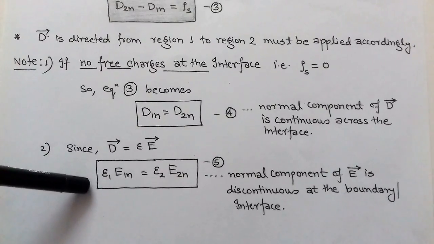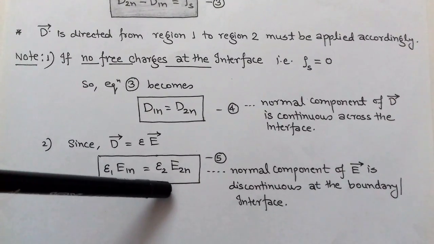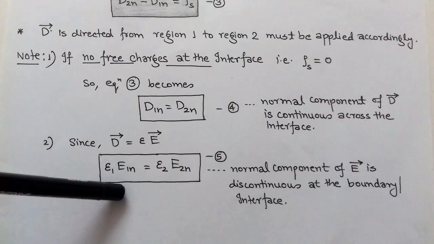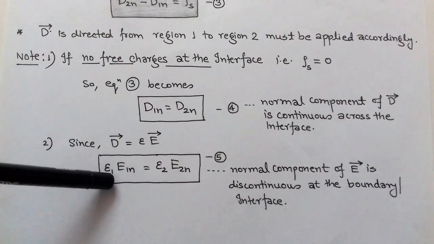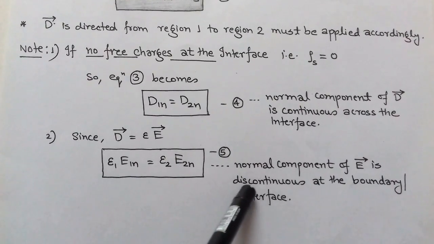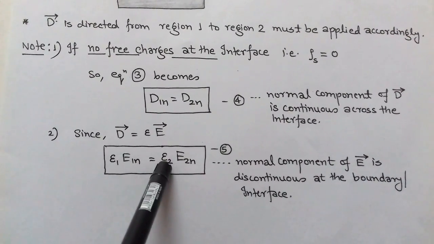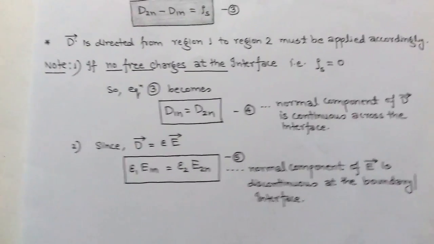And we know that D equals to epsilon E. So in this case, epsilon 1 E1n equals to epsilon 2 E2n. So we see that from equation 5, the normal component of electric field is not continuous at the boundary. It depends upon epsilon 1 and epsilon 2.